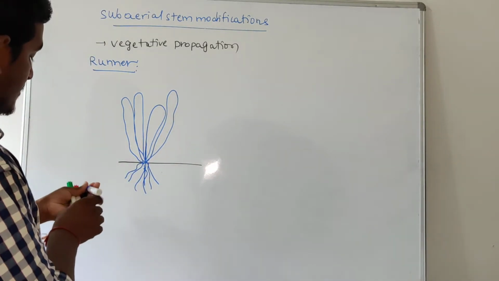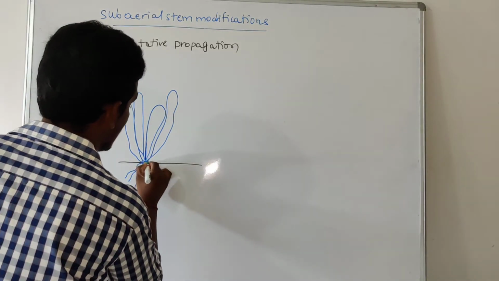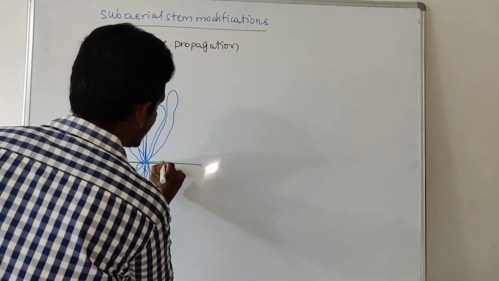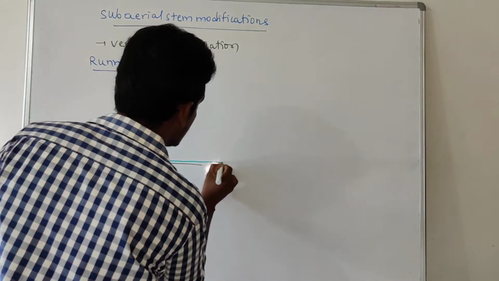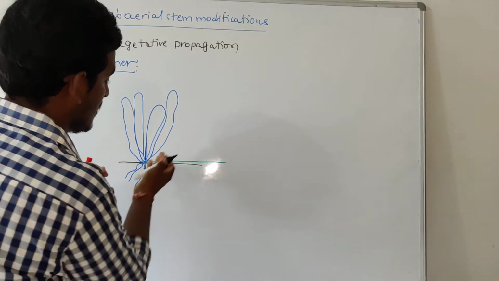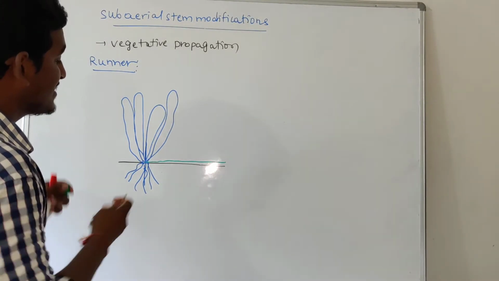In this runner, it produces a lateral branch. This lateral branch grows horizontally on the surface of the soil with nodes and internodes.